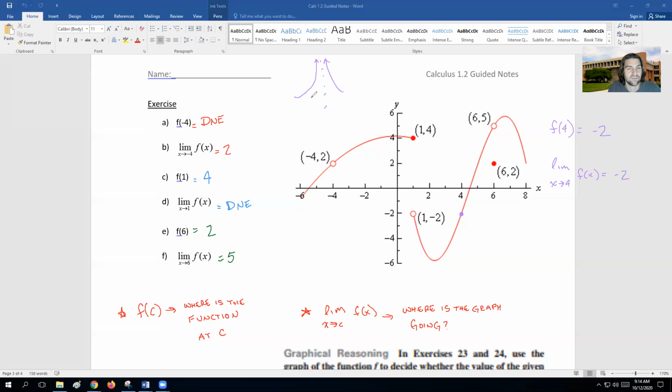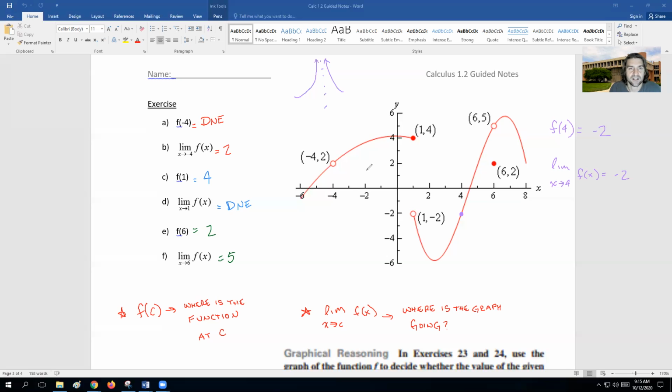We can have both the function value and the limit not exist. Now, if there's a solid dot, we have a value at the point, but the limit only exists if both sides go towards the same number. And in fact, sometimes we can get numbers for both the function value and the limit, but they can be different numbers if we have a solid dot at one number, but the limit goes towards a different spot.